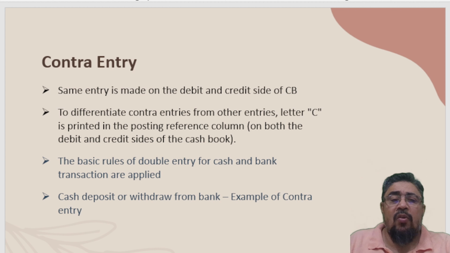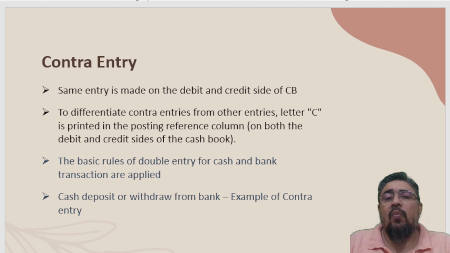To differentiate contra entries from the other entries, the letter C is printed in the posting reference column on both the debit and credit side of the cash book. The basic rules of double entry for cash and bank transactions are applied. Cash deposit or withdrawal from the bank is an example of a contra entry.